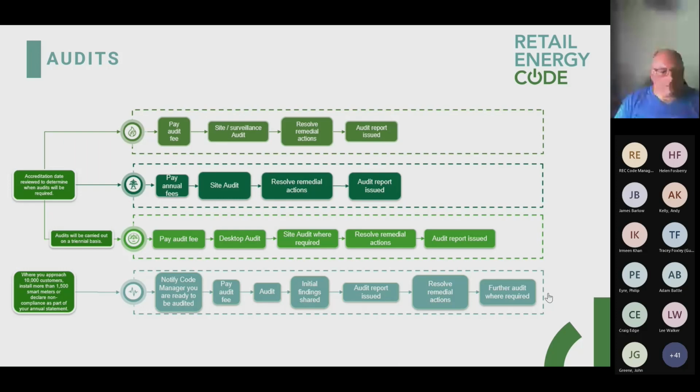So basically with this one, where you've reached a threshold, you may have only had a certain amount of audits up to a certain point. At some point you may reach that 10,000 customer installs, or you've declared more than 1,500 smart meters. You then need to go into the SMICOP audit as well, which is what the bottom one is. Okay, next slide, Amy, please.